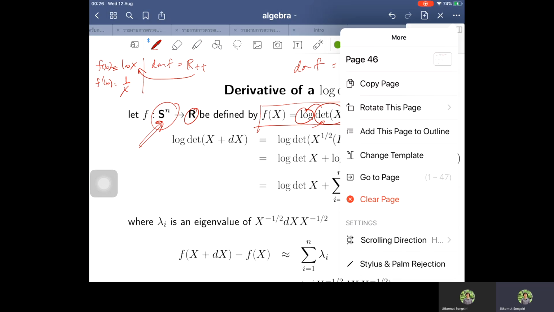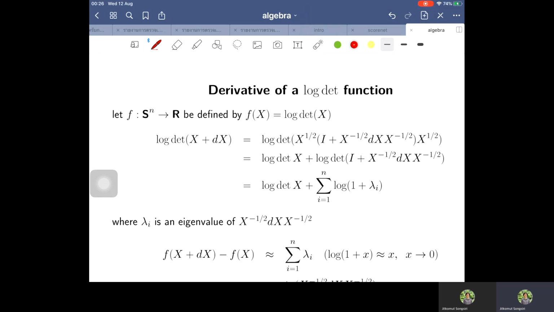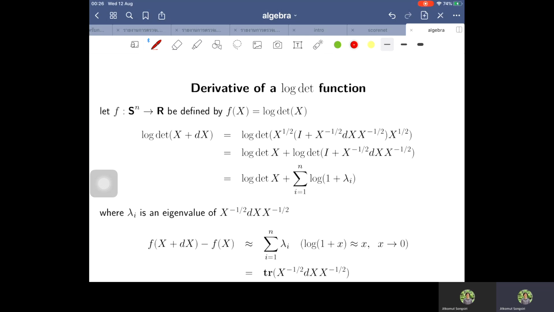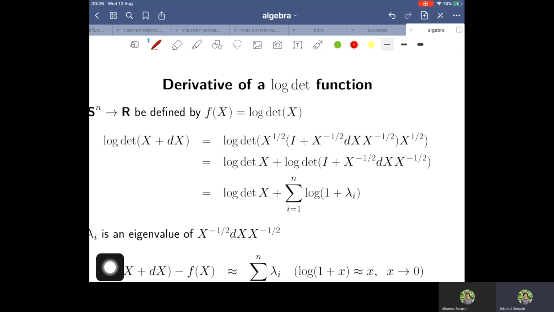Okay. Now we're going to use the same approach, where we consider the first order expansion of the log determinant function, and then we're going to recognize the term that takes the inner product with dx, linear in dx. But in this example, I would like to show some mathematical trick, okay? Log of determinant of x plus dx.